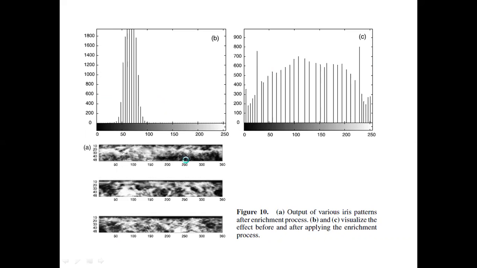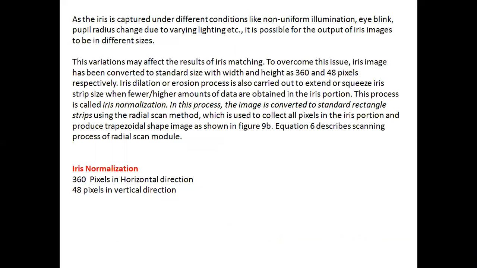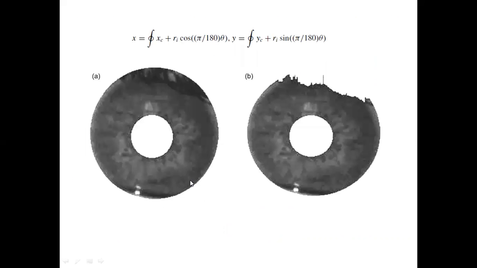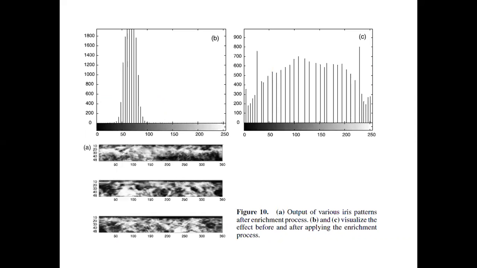As you know already, our iris strip has 48 pixels vertically and 360 pixels horizontally. These images are the illustration of the enrichment process using local histogram equalization.